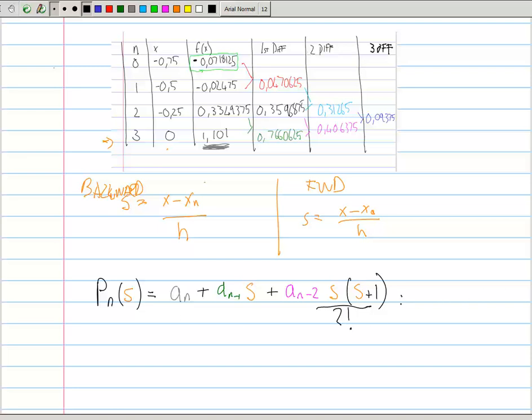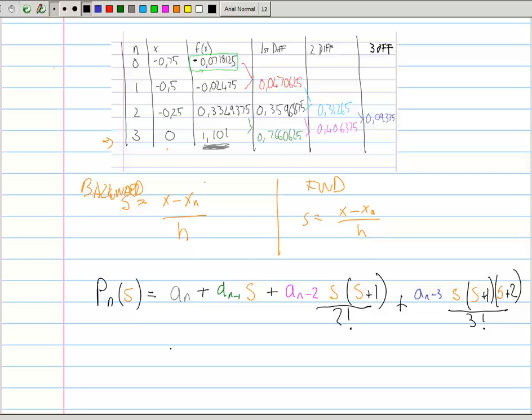And I'm going to do one more term, plus an minus 3, multiplied by s plus 1, s plus 2. Let me add in the plus 1, plus 2. And as you can probably assume, it's going to be over 3 factorial.